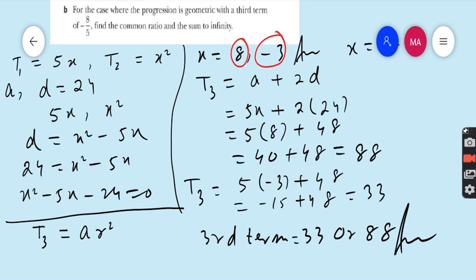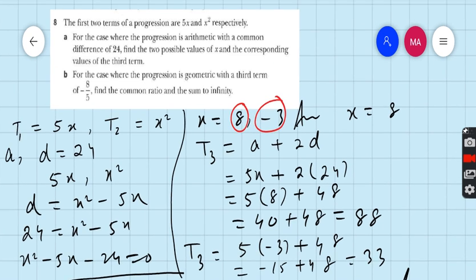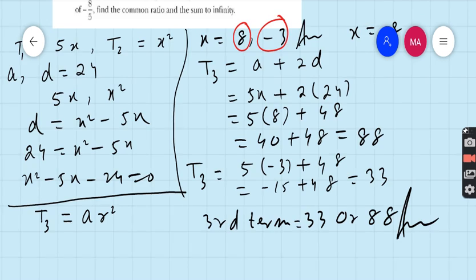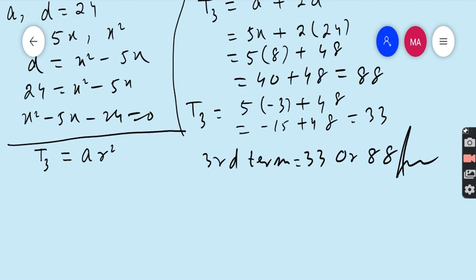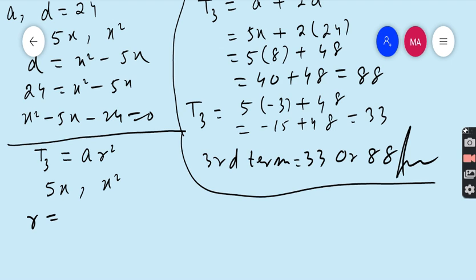This 5x and x square becomes geometric because we are talking about geometric progression. So 5x, x square, when we consider it geometric, the ratio r is equal to x square upon 5x.